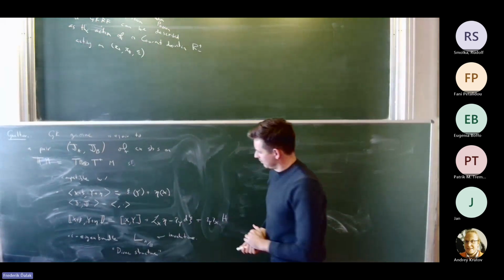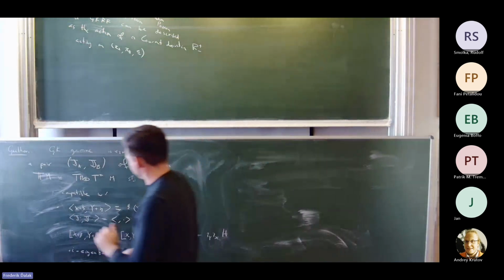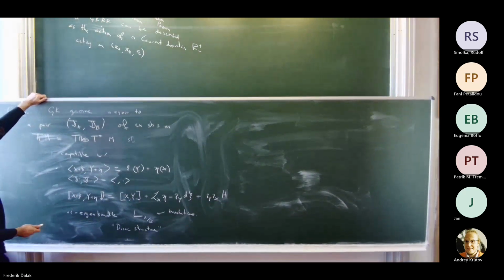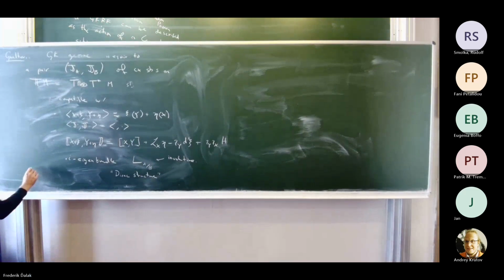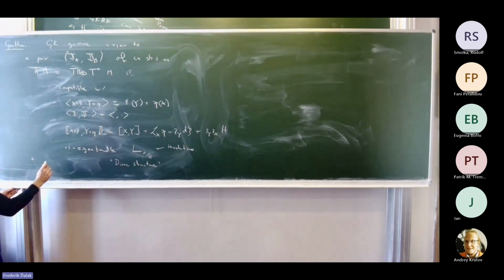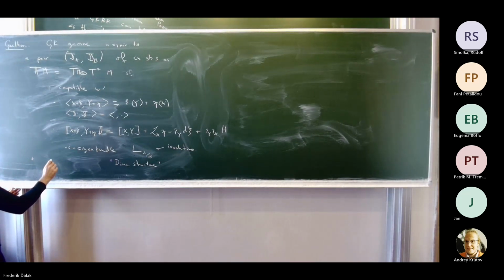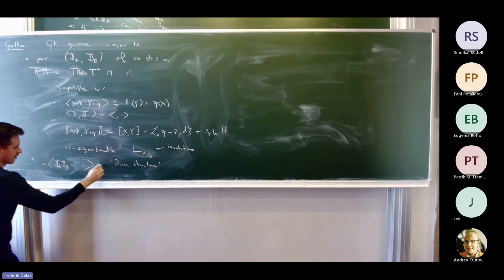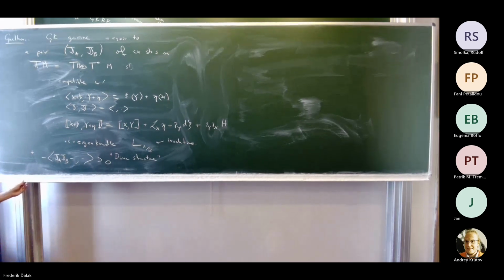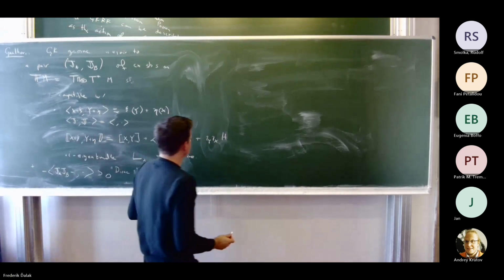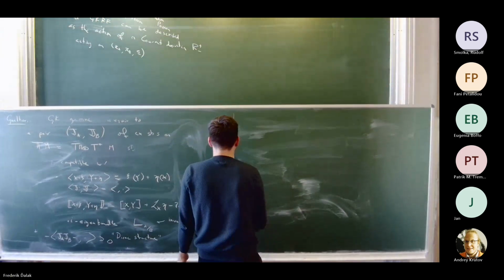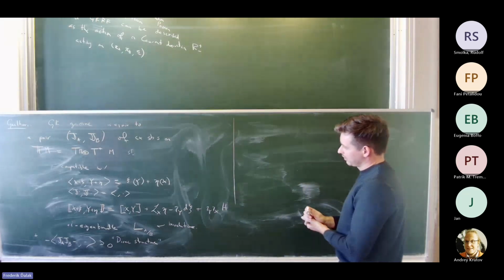You also want some positive definiteness for this one? Right, of course, thank you. So the positive definiteness condition looks like this: this is positive definite. So how do you do this?